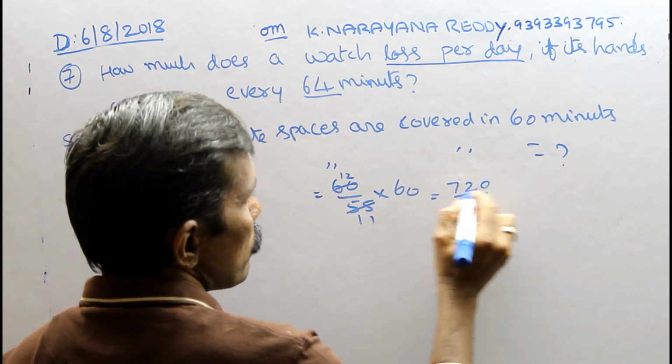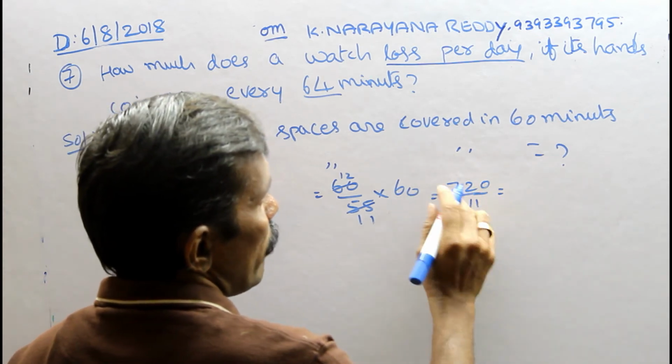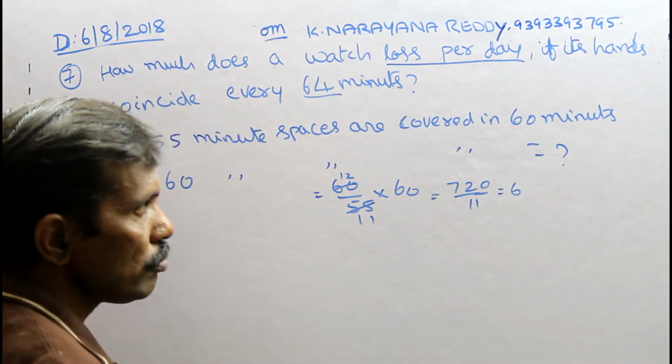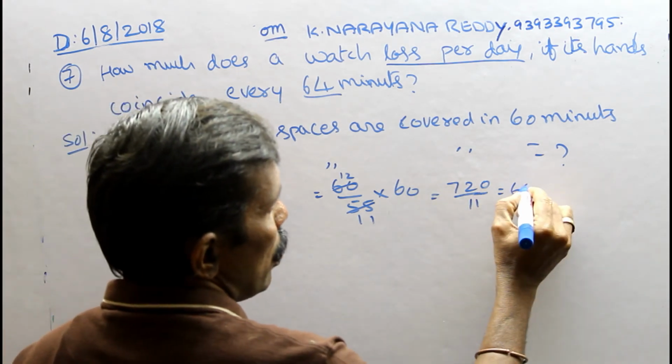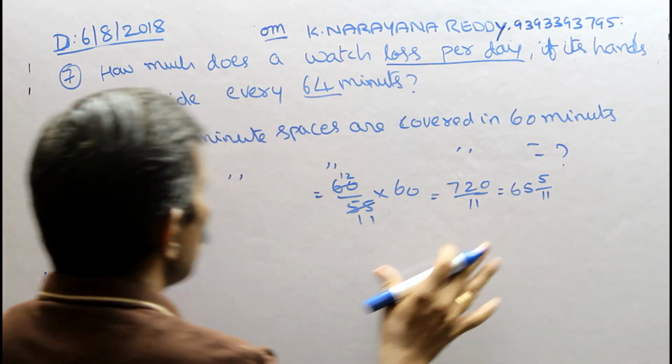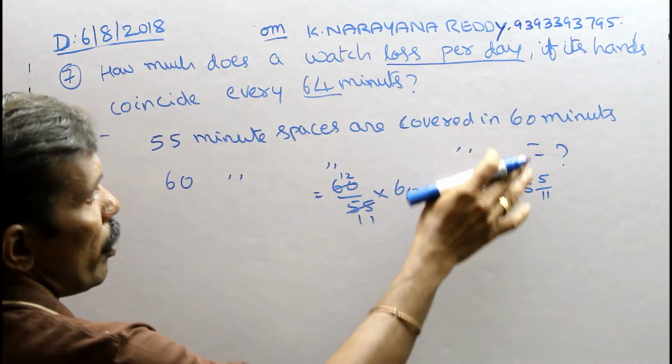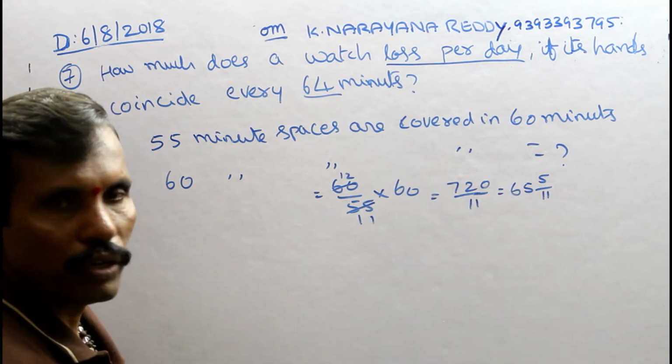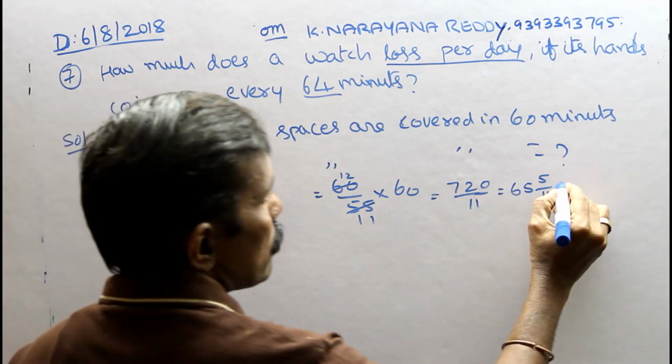How much does it get? 11 6s are 66, 6 remains. 11 5s are 55, 5 remains. 5 by 11. So that covers 60 minute spaces in 65 5 by 11 minutes.